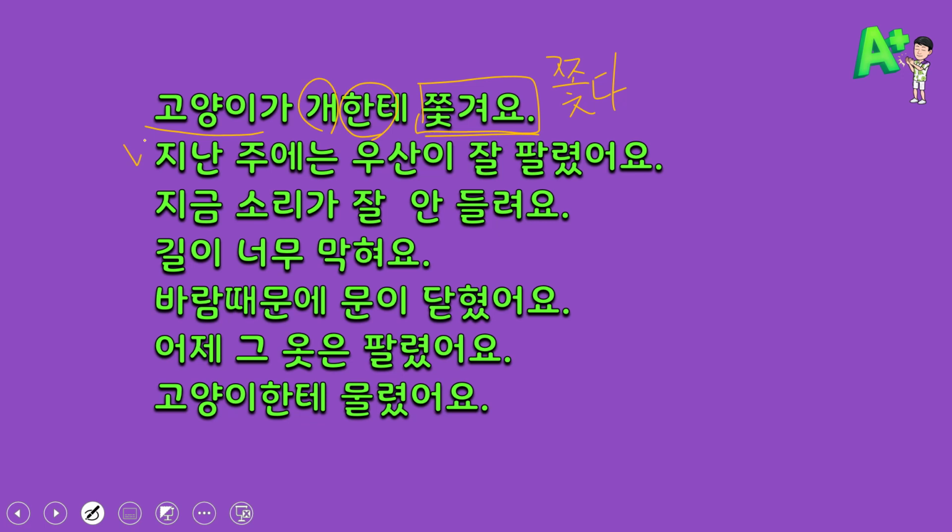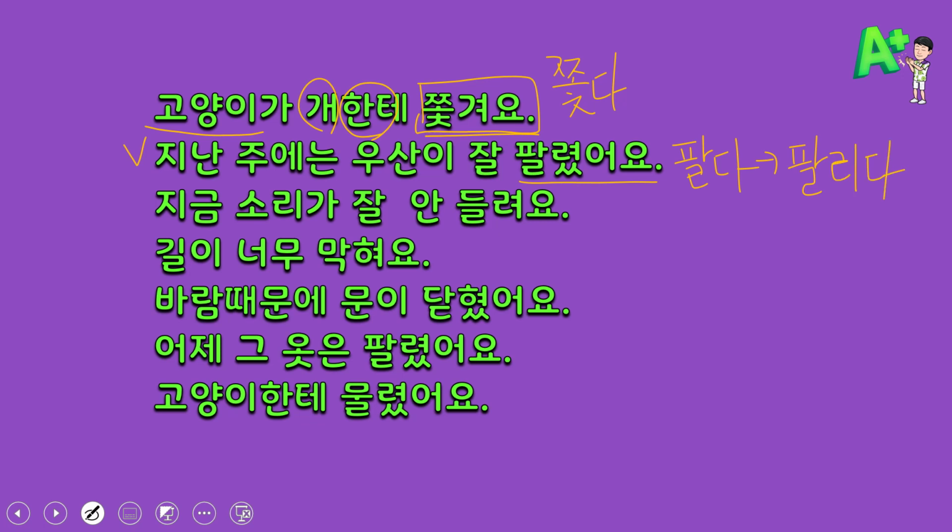지난주에는 우산이 잘 팔렸어요. 팔렸어요. 팔다, to sell. The passive form is 팔리다.